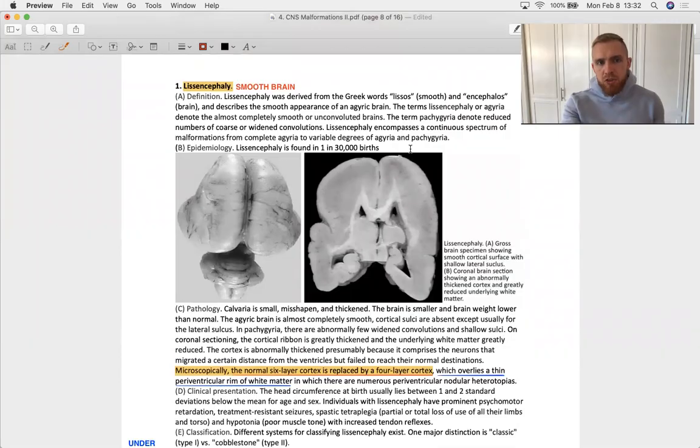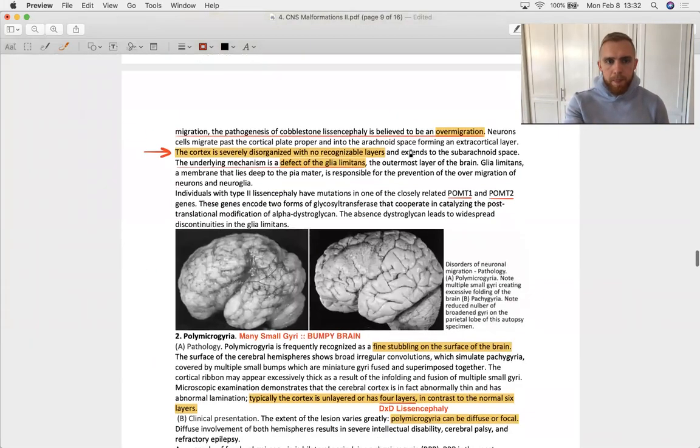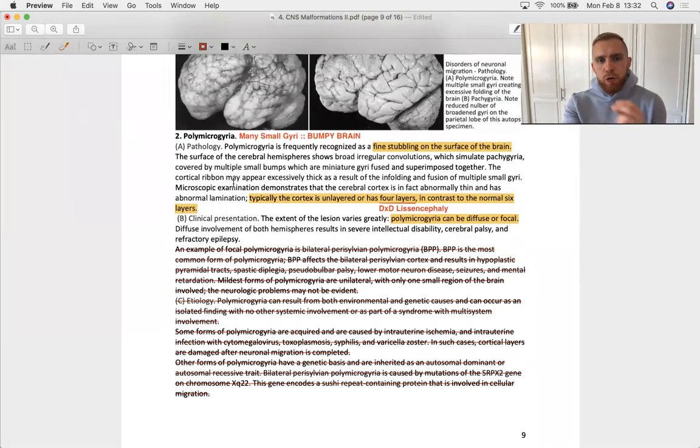Lissencephaly means smooth brain. Polymicrogyria means many small gyri. So it's a bumpy brain. So right off the bat, classic lissencephaly and polymicrogyria, you have no problem there. It could not be easier to tell these 2 apart.